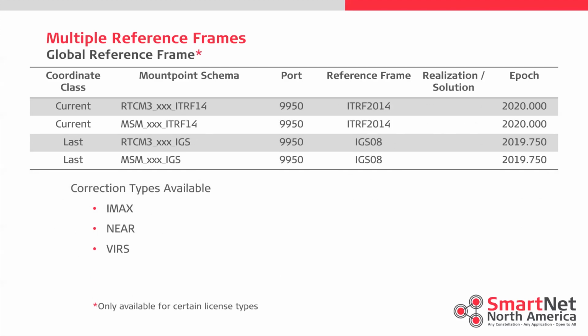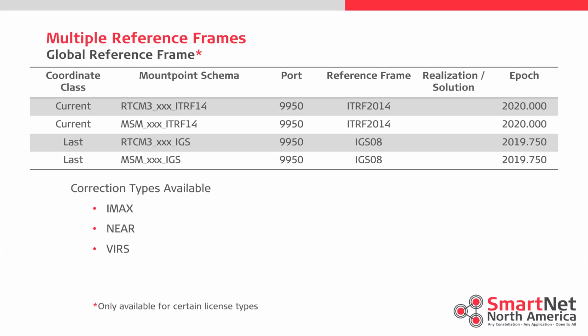And then for folks that are out there that are using a global reference frame, so this would not be surveyors, engineers, contractors, machine control, those type of folks. This would be automotive, drone, folks that are operating in some of our newer touch points in the market. You'll see that we'll have new ITRF14 mount points that are available on 9950, similar to what you've been running for a while.